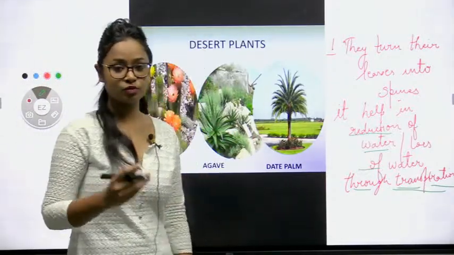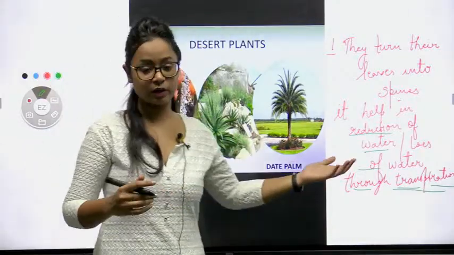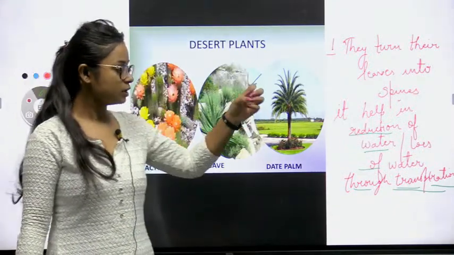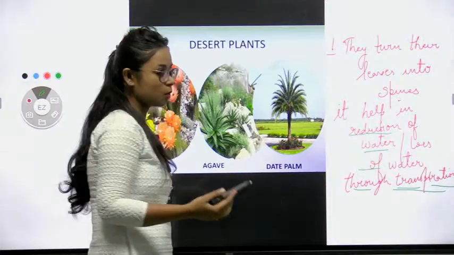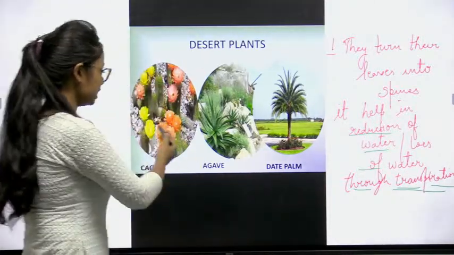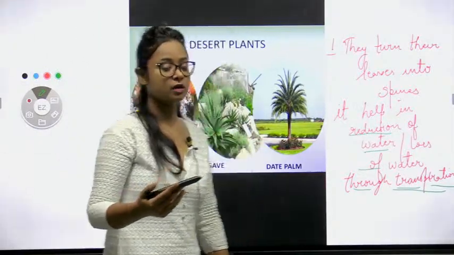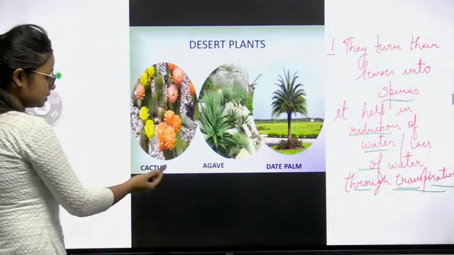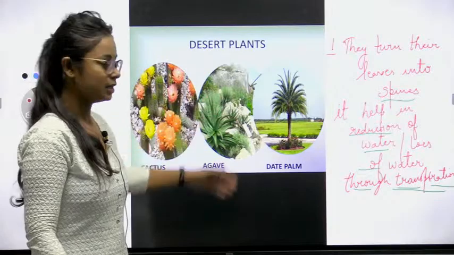It helps to store water in themselves. They just store the water in themselves and it helps in reducing water loss through transpiration. So that's why the desert plants have their leaves turned into spines. Clear? For example, cactus, agave, date palm, they are all desert plants.